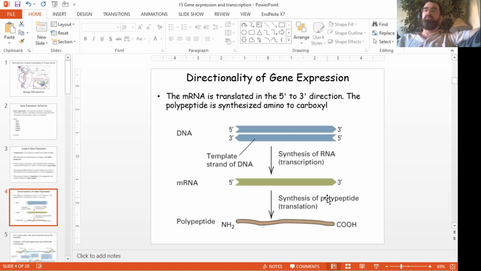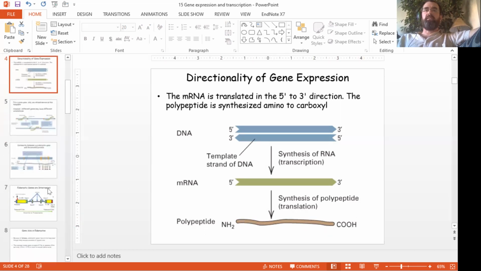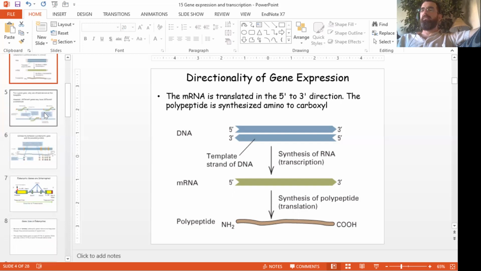This is the process of transcription. mRNA also has a direction, goes from 5' to 3'. And mRNA is used by the ribosome to produce a polypeptide or protein that also has that direction, going from the amino end to the carboxyl C-terminal end, so the N to the C. Sounds like a kind of bad 80s song.